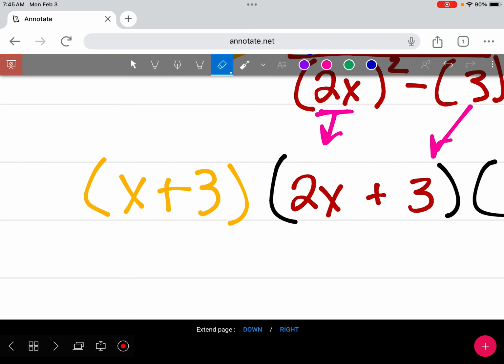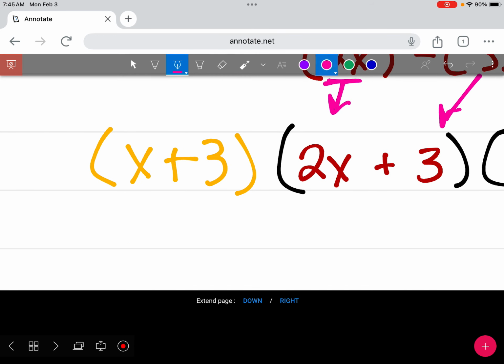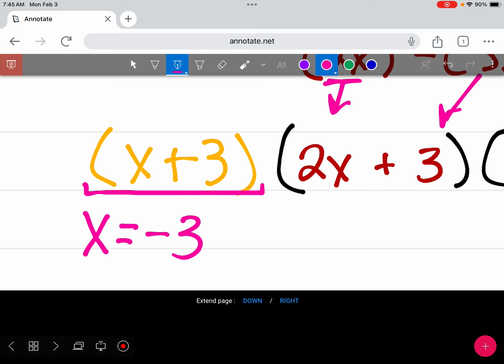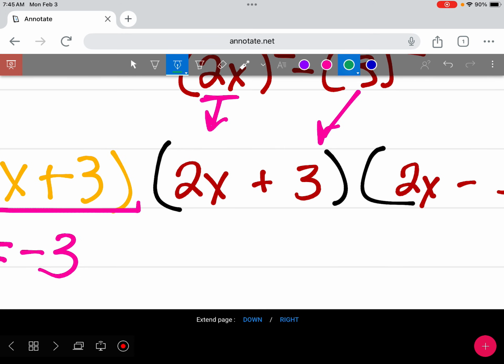So then we need to get to our root solution zeros. So this one's not bad. Our x plus 3 is going to give us a solution where x equals -3. For these guys, we are going to need to work it out a little bit. So we're going to need to take our 2x plus 3 and set it equal to 0.